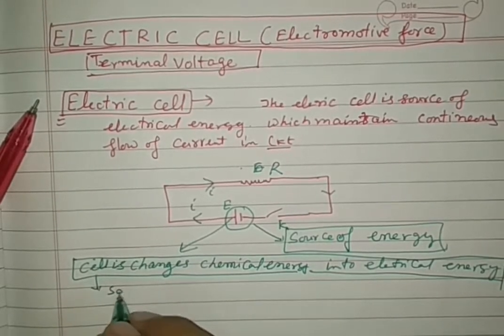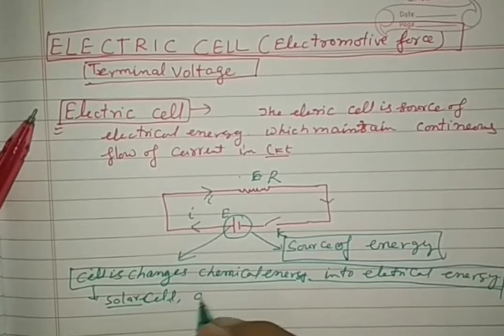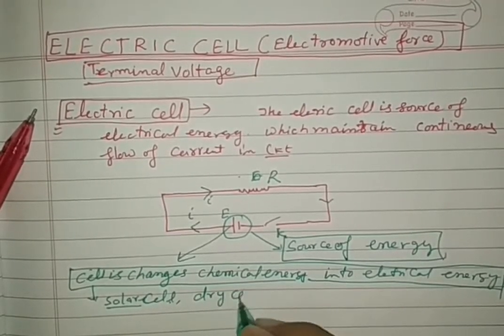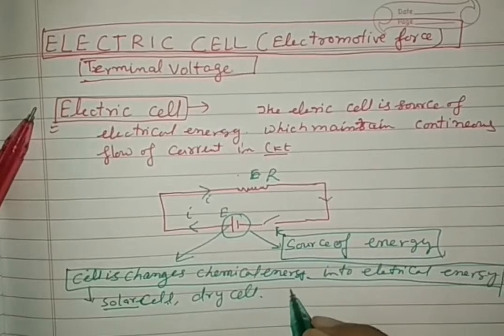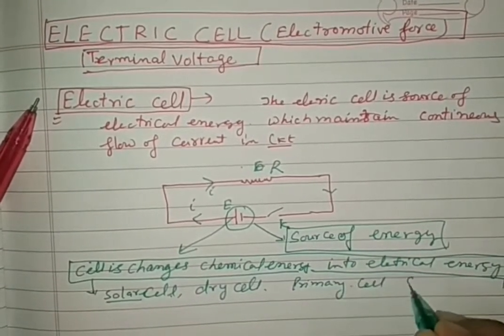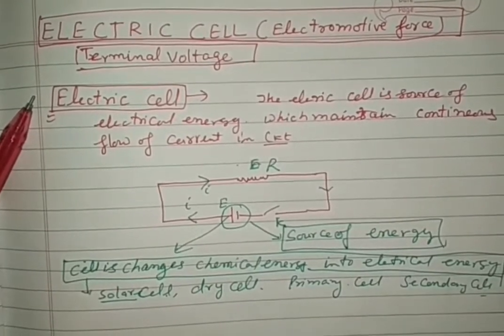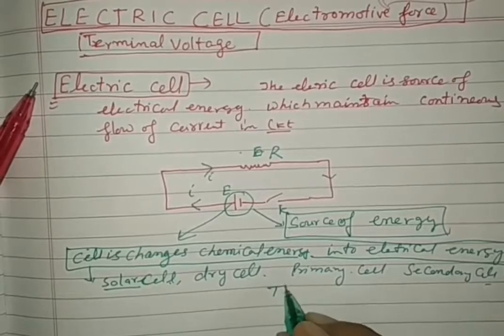Now, different types of cell are possible. Here, solar cell, dry cell. We know cells are of two types: primary cell, secondary cell, lead acid accumulator, thermopile.